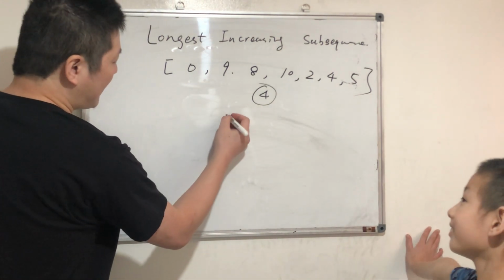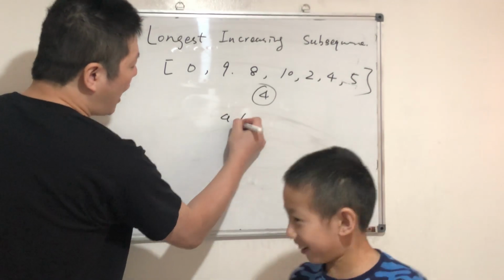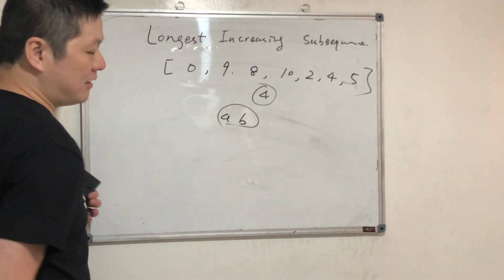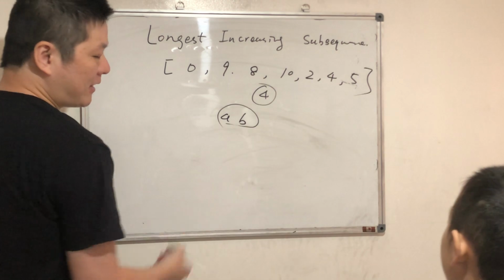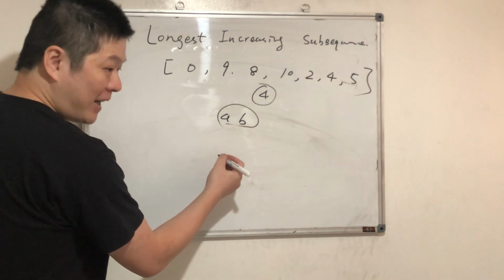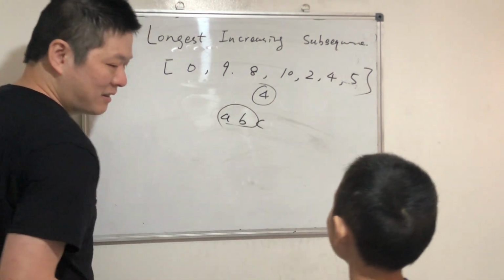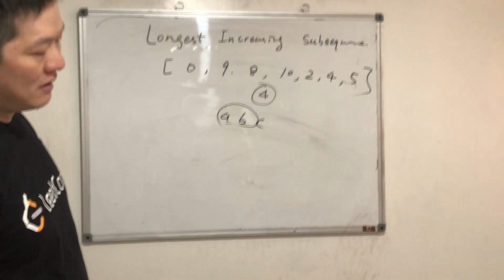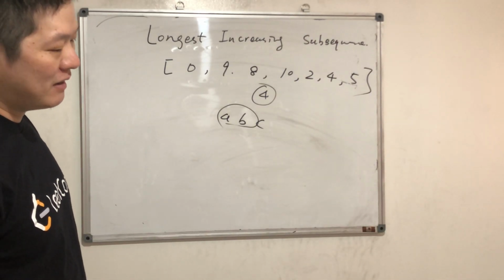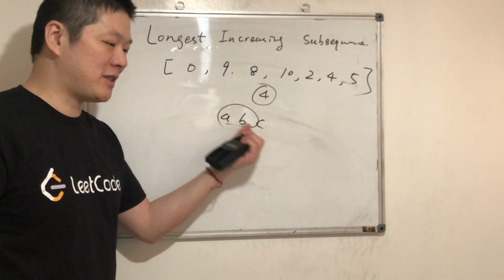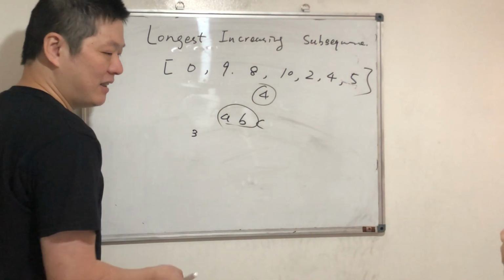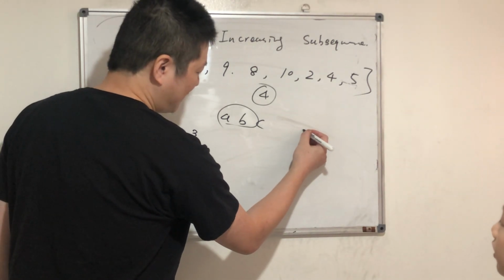For example, let's say A, B. How many subsequences can you pick from two characters? 4. How about ABC? How many possible subsequences of ABC?